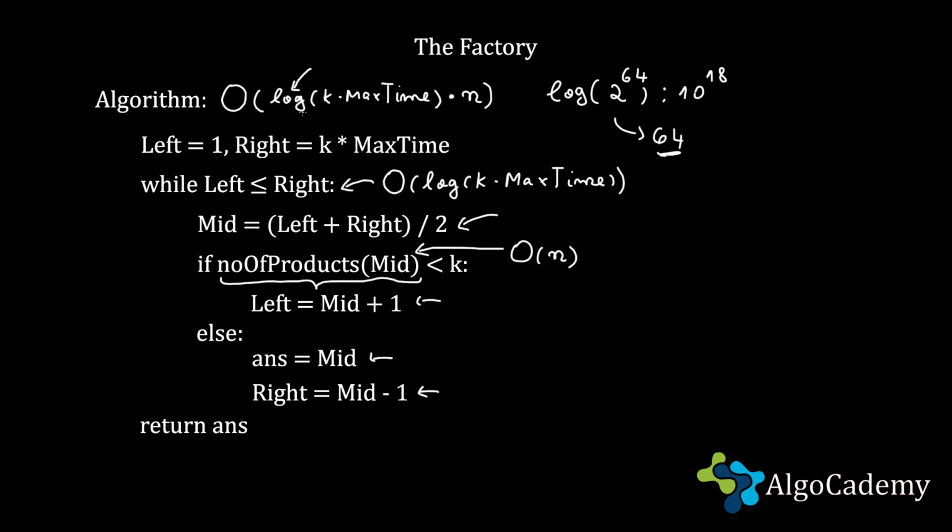It's still log of something like 10 to the power 10, which is even less than 64. So big O of n crossed log of this, right? Don't remove this from the time complexity, because the constant, if it's even 30 or 60, it's a meaningful constant, right? And yeah, this is it.